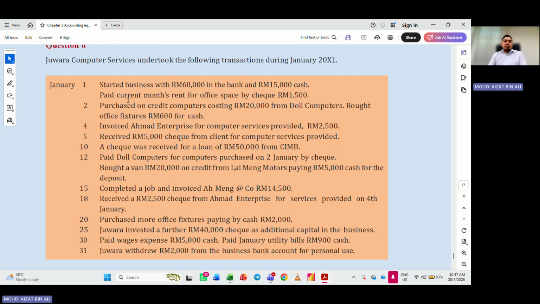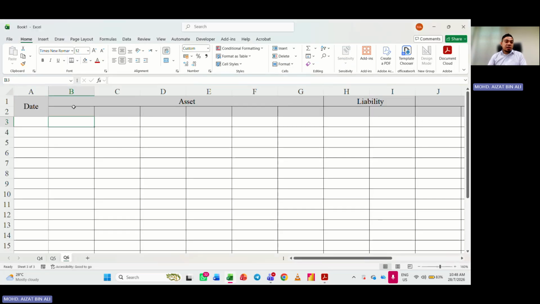Okay, so for the question, Juara Computer Services undertook the following transactions during January 2000X1. On the 1st January, started business with 60,000 ringgit in the bank and 15,000 ringgit cash. So the first step is that we have to identify the accounts involved. In this case, we have bank and cash, and because these assets are brought into the business, this is considered as capital. So let's record this first. Firstly, we have bank account.